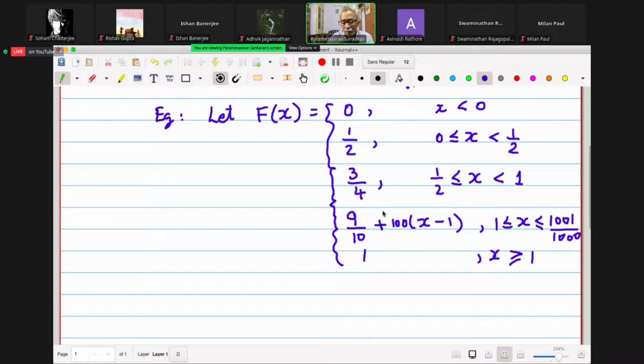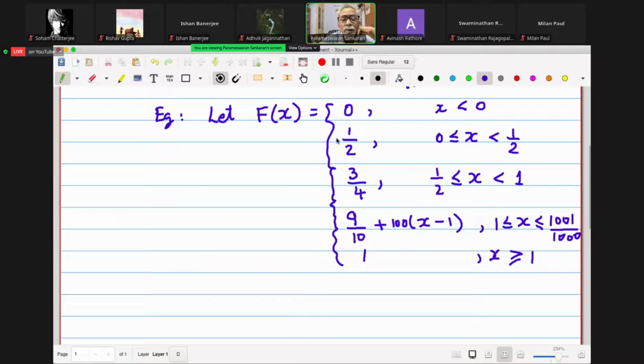This already puts a lot of restriction on what can be your omega and so on. If you are given such a problem and you just want to come up with a random variable with these properties, you just give yourself some numbers.